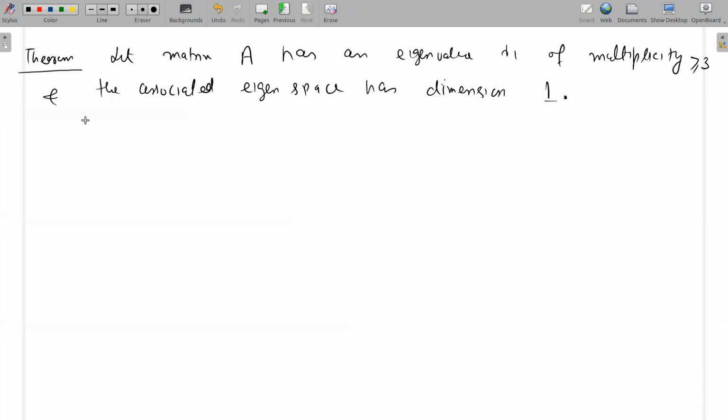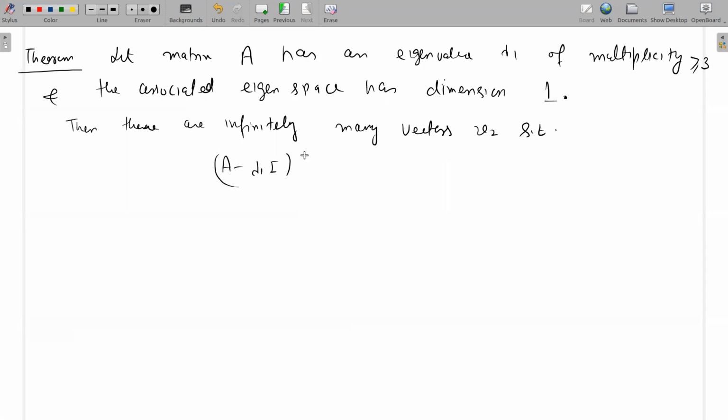Then there are infinitely many vectors v2 so that (A minus lambda 1 I) v2 equal to v1. अच्छा, हमने v1 नहीं बताया, v1 क्या है, where v1 is the eigenvector for lambda 1.